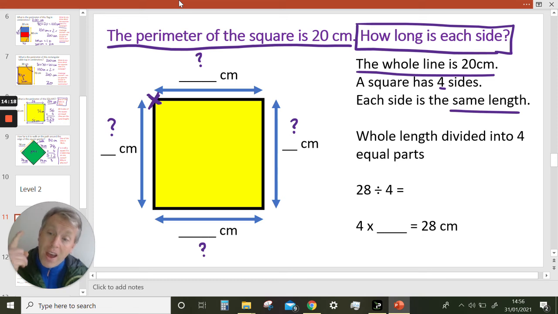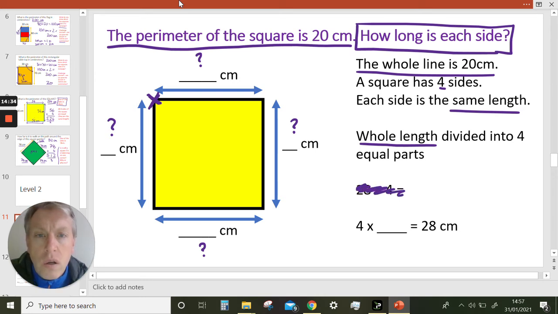But I know they are all the same length. That means that my whole length is divided into 4 equal parts. So, that means I've got to do 20 is the whole perimeter, and I've got to split that 20 into 4 equal parts.